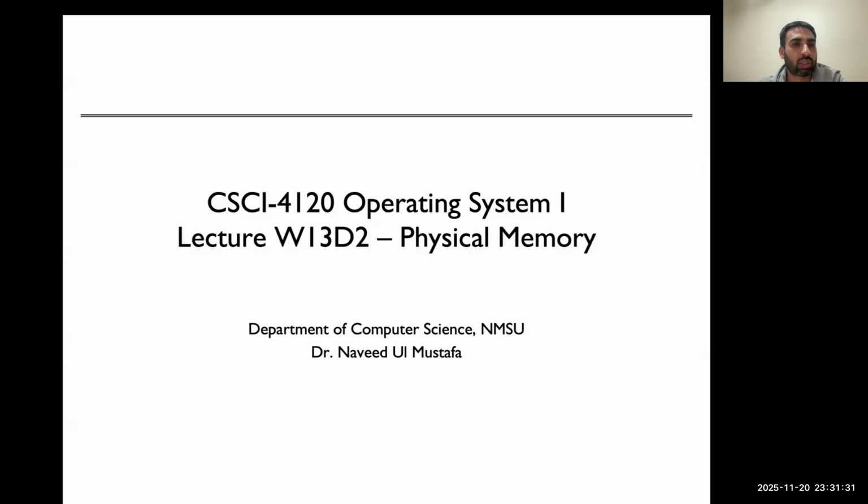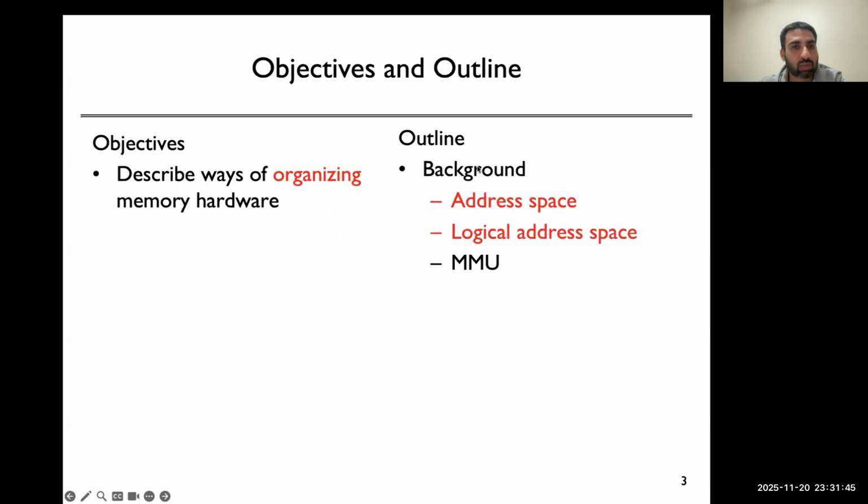And also, we had a look at different synchronization mechanisms in the last topic. Right now, we are going to talk about physical memory. Why do we need to talk about physical memory in context of operating systems?